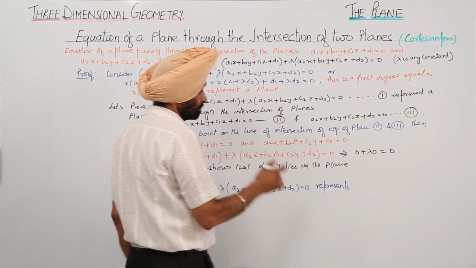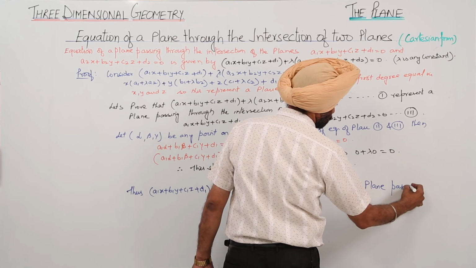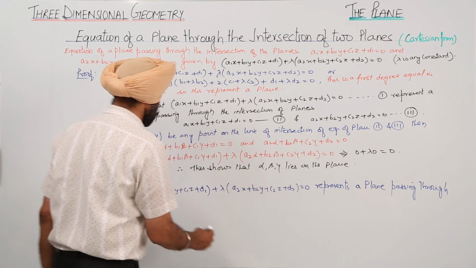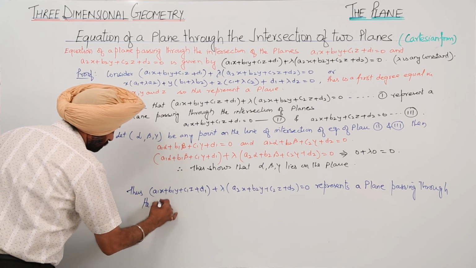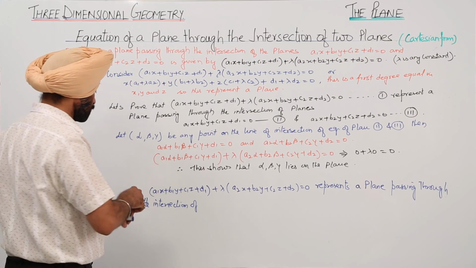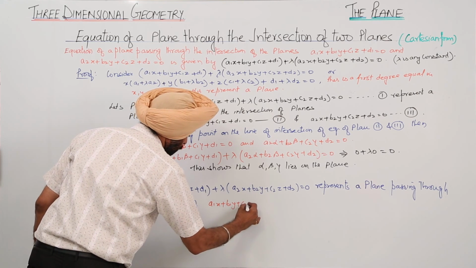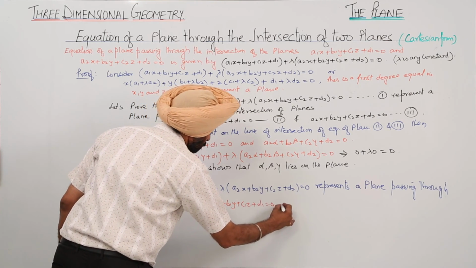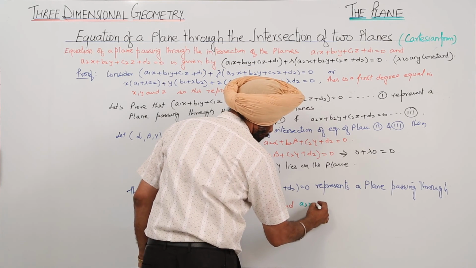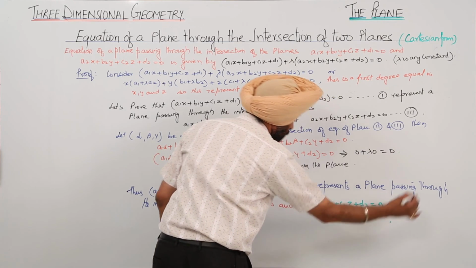represents a plane passing through the intersection of a1x plus b1y plus c1z plus d1 is equal to 0 and a2x plus b2y plus c2z plus d2 is equal to 0.